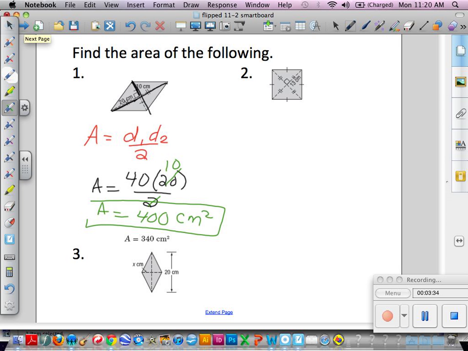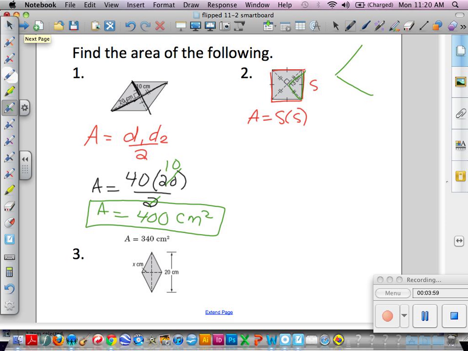Let's look at example number 2. Looks like I have a square here. All sides are equal. So I really would like to take my area, my side times my side. But I don't have that, so at this point I'm going to do the Pythagorean theorem.